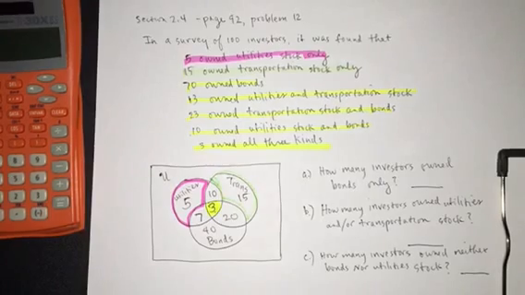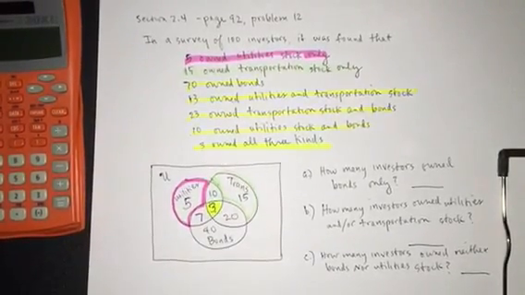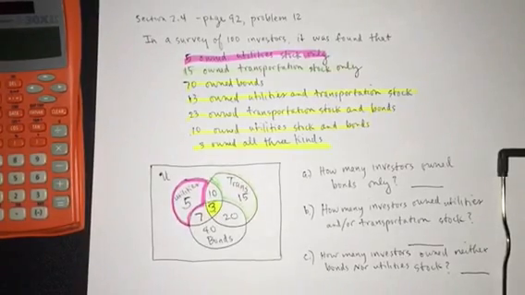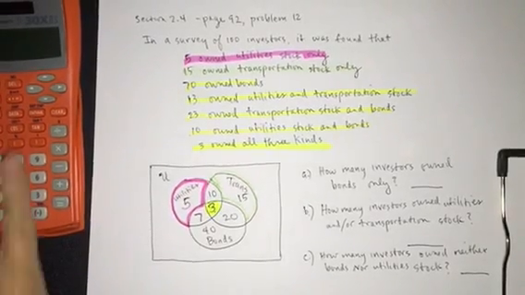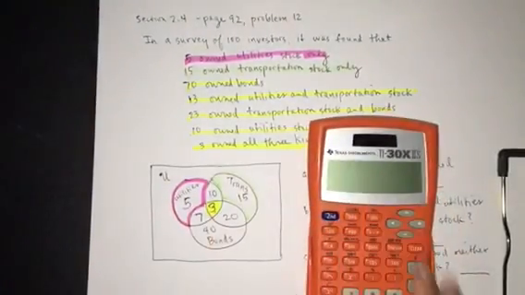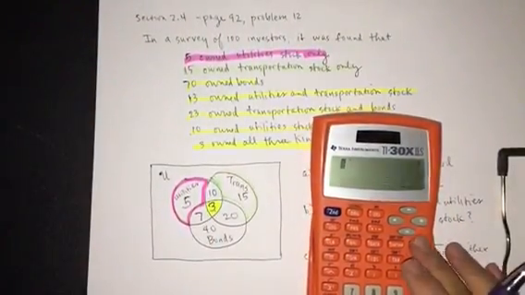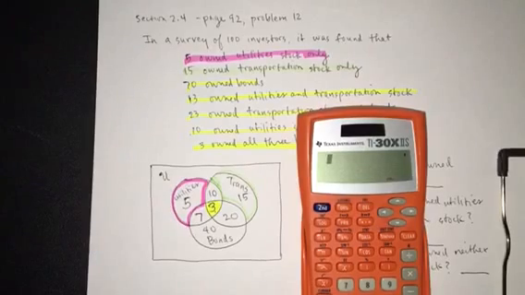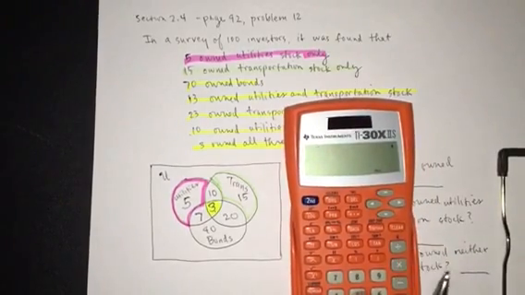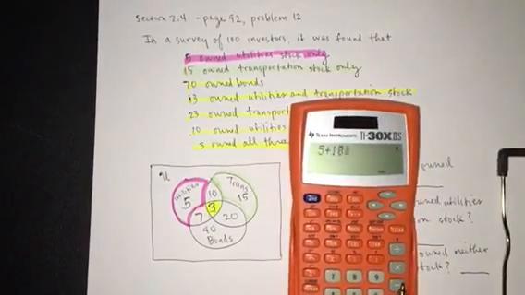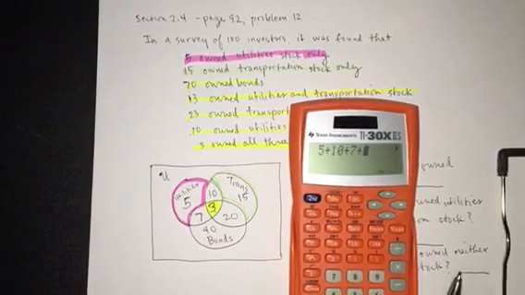And let's see, at the top it says, in a survey of 100 investors, so the total is 100. In the universal set, there's 100 people. So what I will need to do is add the numbers that are inside the circles and then subtract that sum from 100. So I'm going to start in the utility circle. 5 plus 10 plus 7 plus 3.